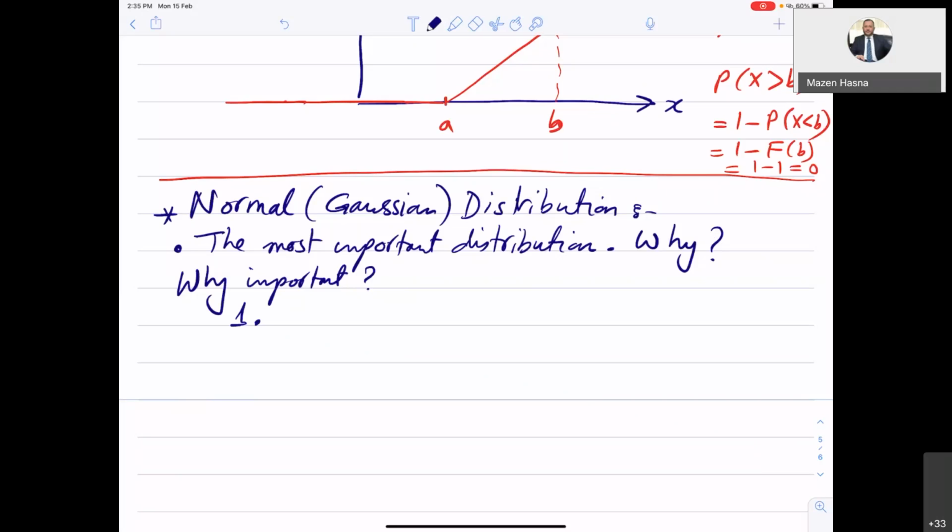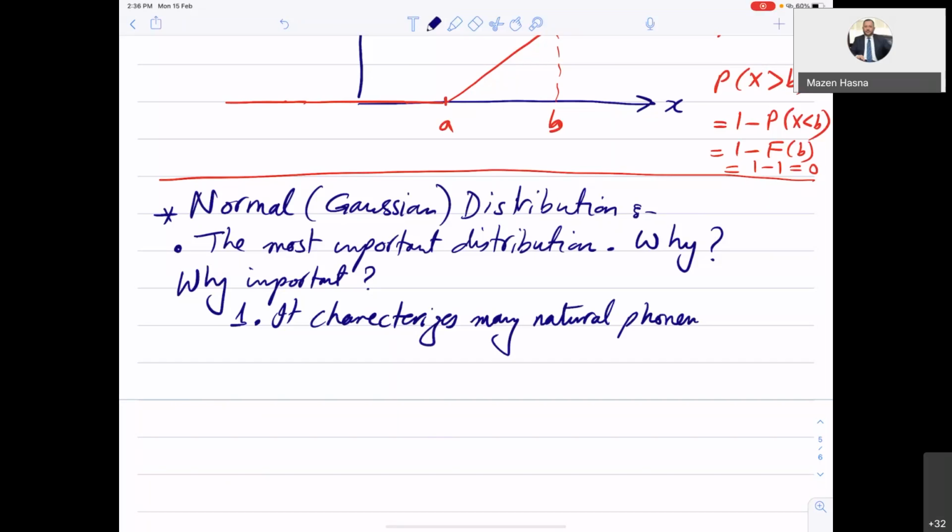So the first reason why the normal distribution is important is that it characterizes many natural phenomena like weight, height, grades, and so on.